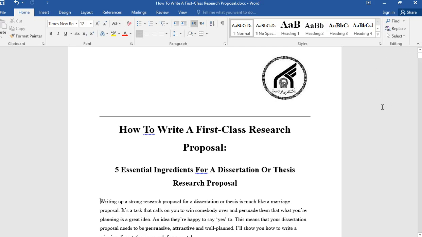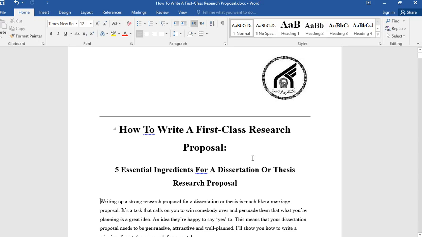The first section is introduction, the second one is literature review, and the third section is methodology. And these three sections would form the three chapters of our thesis or dissertation.